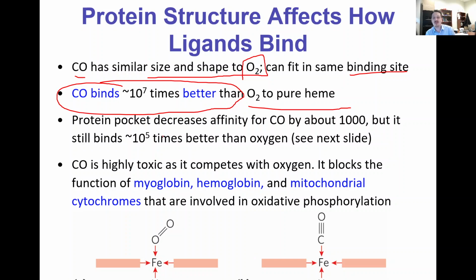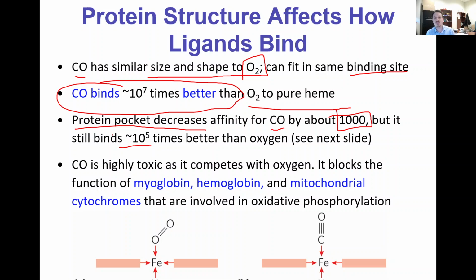So how do we solve that problem? Otherwise we have CO binding instead of O2, and then we're not going to be able to transport around O2 because it's going to be too busy bound to CO. So the solution is that the protein pocket decreases the affinity for carbon monoxide about 1,000-fold. It still binds better than oxygen, but that 1,000-fold really gives you a fighting chance because the concentration of CO is much lower than O2.